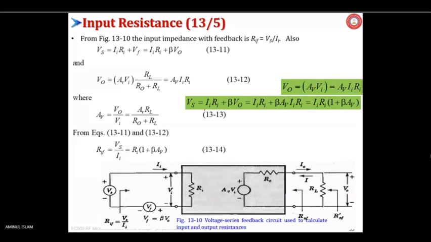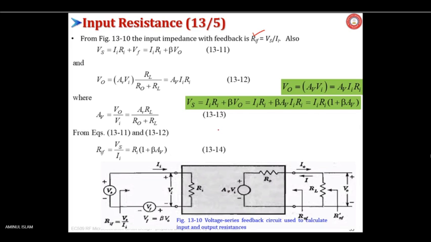Now coming to this mathematical or quantitative analysis. Let us see what we are going to see here. From the following figure, the input impedance with feedback is RIF.